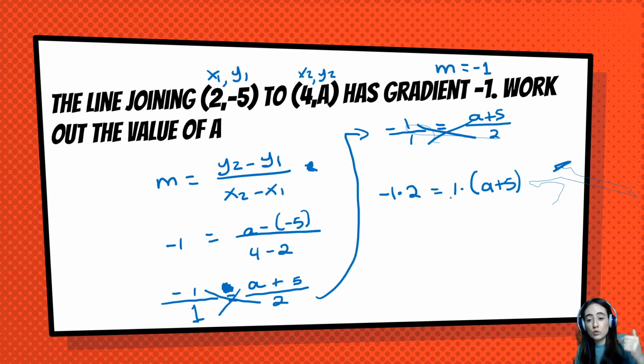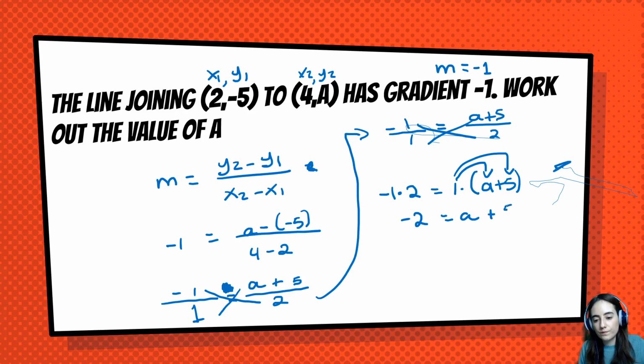So it would have been 1/2 times a plus 5, and the 1/2 would have been multiplied with the entire thing, which is why you'd have to put the brackets. So I just want to be absolutely sure that we don't make that mistake. So minus 1 times 2 is minus 2. And then when you want to expand your bracket, just a small reminder: 1 times a is a, plus 1 times 5 is 5.